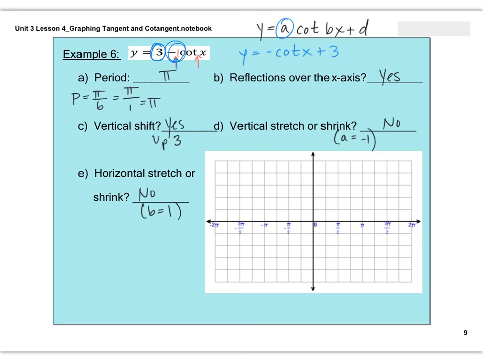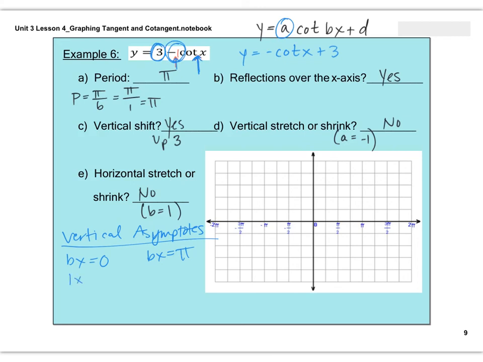So next would be to figure out your vertical asymptotes. For cotangent, let's just make vertical asymptotes. Normally for cotangent, our first one is at 0 and our second one is at pi. So plug in your b. In this case, right in front of the x here, b is a 1.